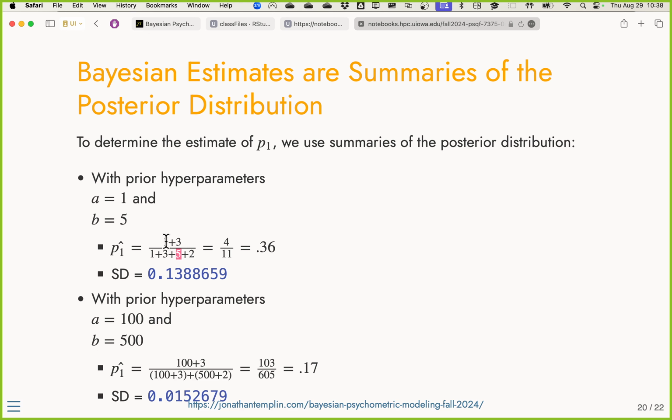It doesn't take long before the number of cases exceeds the number of hyperparameters we have, right? But if we start off with a 100 versus a 500 in the numerator and the denominator, it would take quite some time to observe enough data to overwhelm what the prior would be as well. So there's this interplay in Bayesian statistics between knowledge that your subjectivity is higher when you have smaller amounts of data and understanding what you're trying to do with your design, your experimental design or your study itself, right?